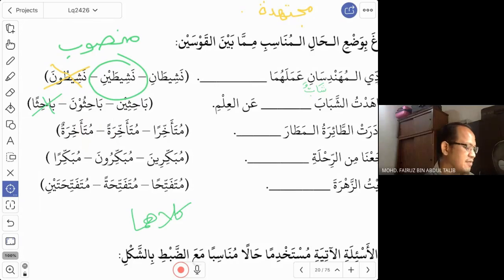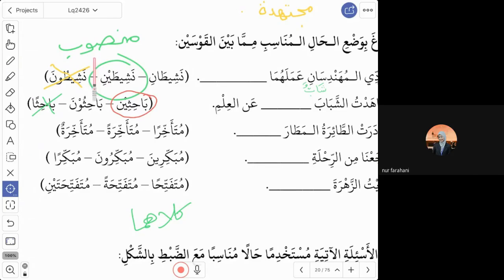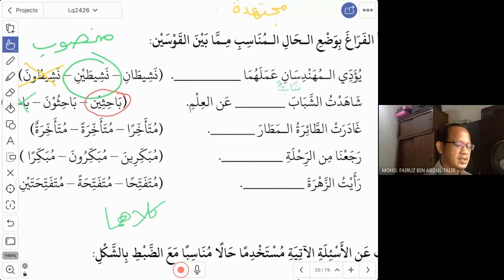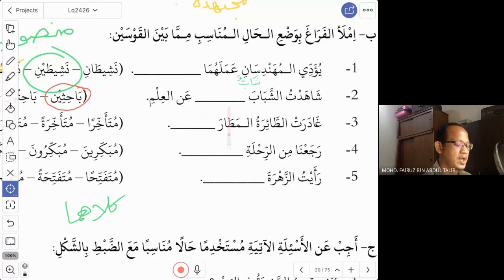The ya version, bahisina, good, because this is hal and hal is mansub. So the answer is syahadtu syababa bahithina, while they were searching for knowledge. Baik. Hazihi al-jumlah al-thaniyah. Al-jumlatu thalitha.